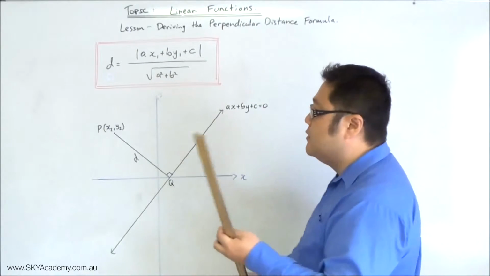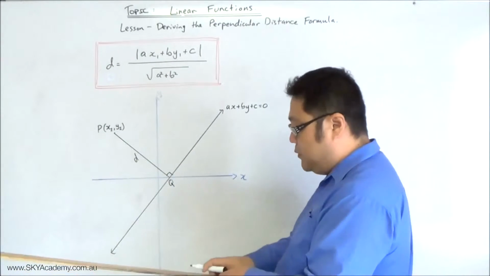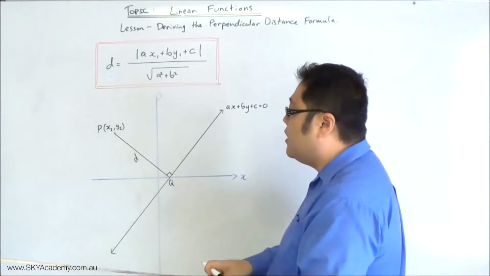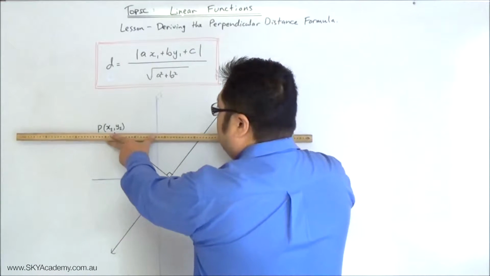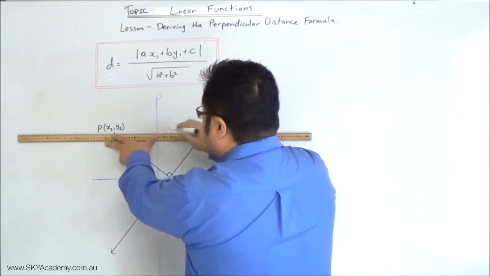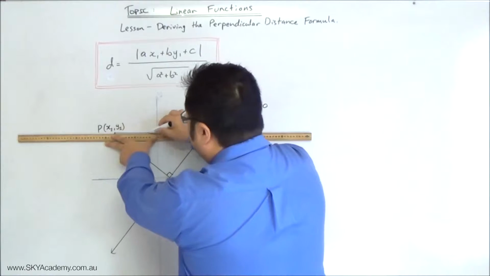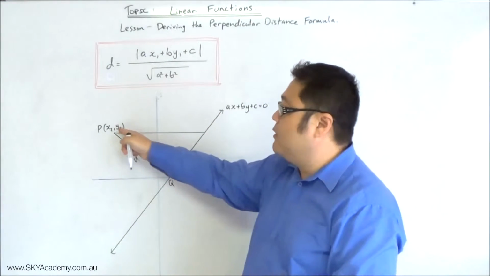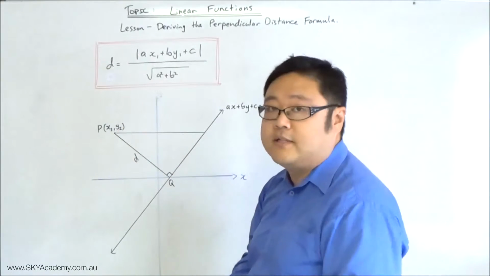Here's what we do first. What we do first is we extend a line horizontally, or parallel to the x-axis, all the way to the line. Now, the y-coordinate of this point is y1. Do you see that?